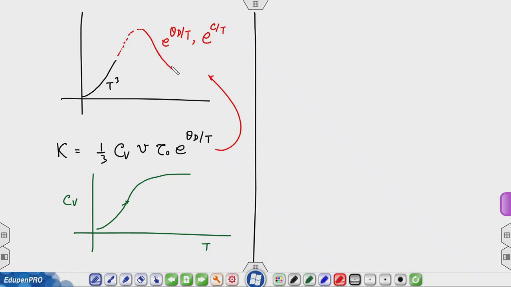Let me ask you a question at this point: how is T effective affected if theta d is very high?